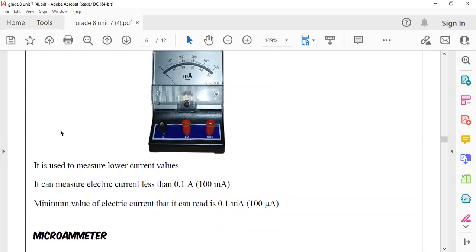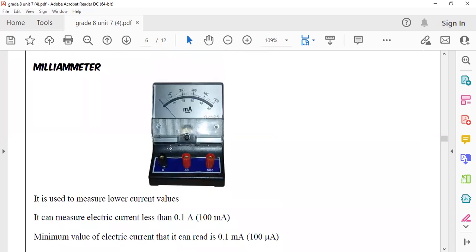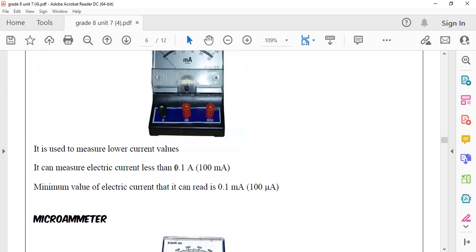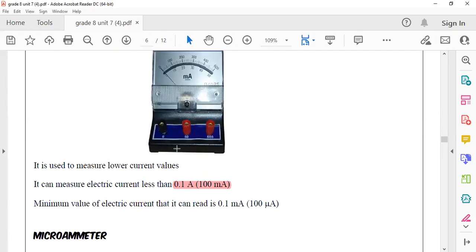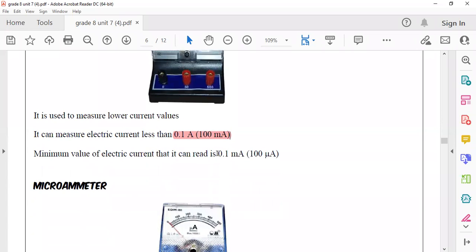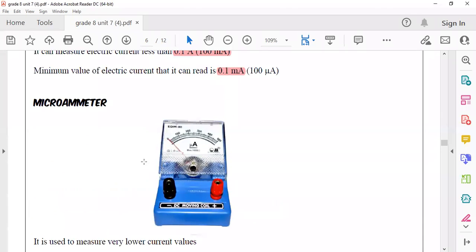In the milliammeter, it can read less than 0.1 ampere current, and the minimum it can read is 0.1 milliampere.